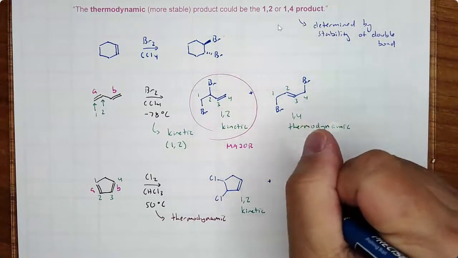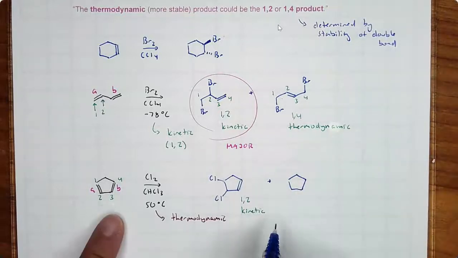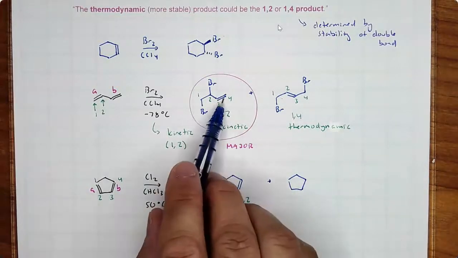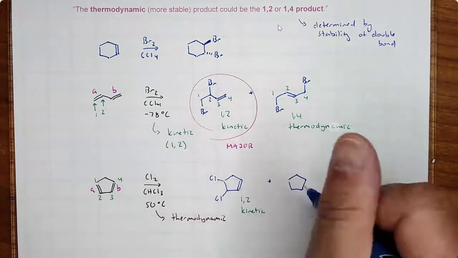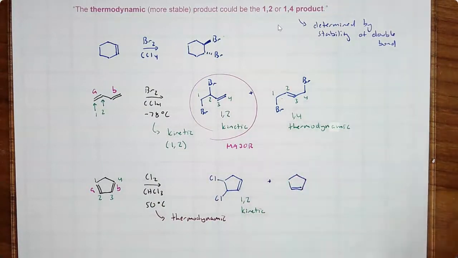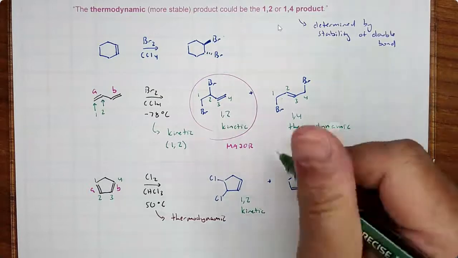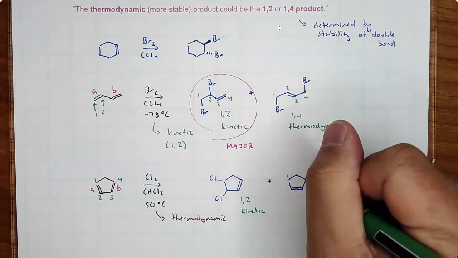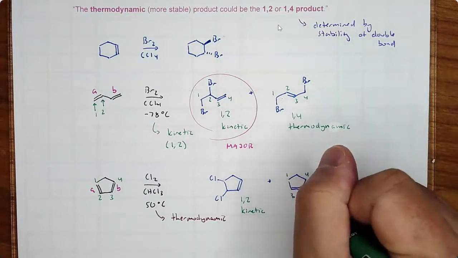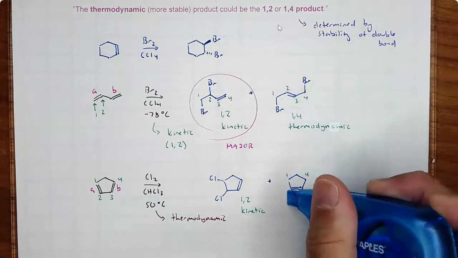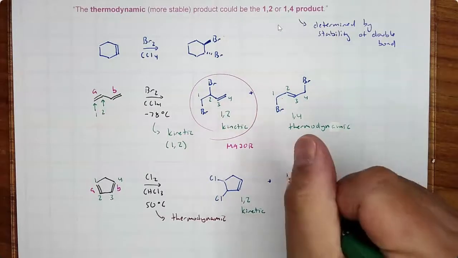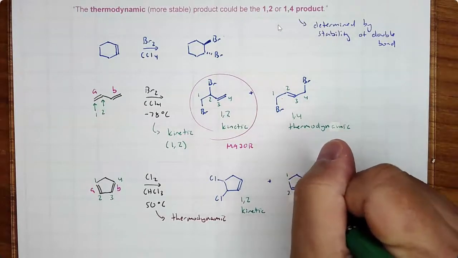You shift the double bond towards the 2, like right here. We shifted it toward the 2. So we have a new double bond here. Carbon number 1 still gets something, and carbon number 4 gets the other chlorine. So we are drawing the 1,4 product. This is 2.